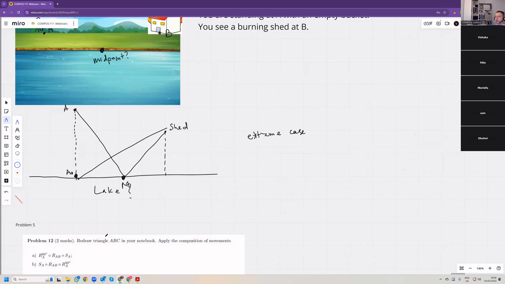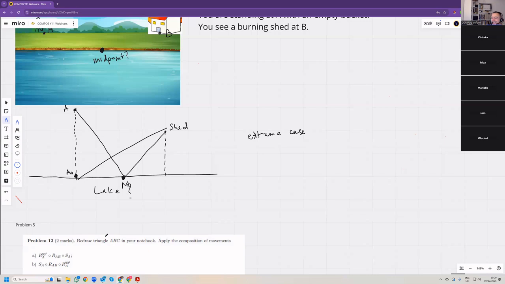Do you understand my issue with this solution? It's probably not the midpoint. Yes?